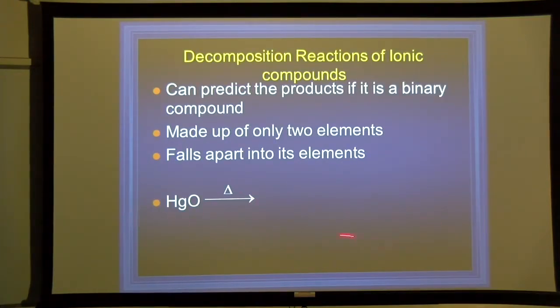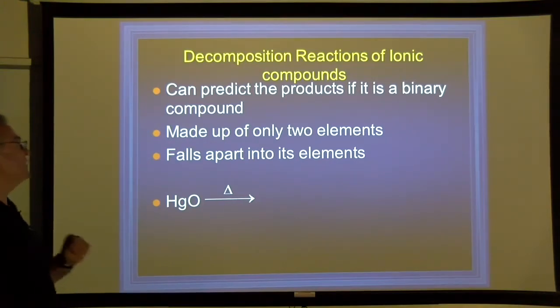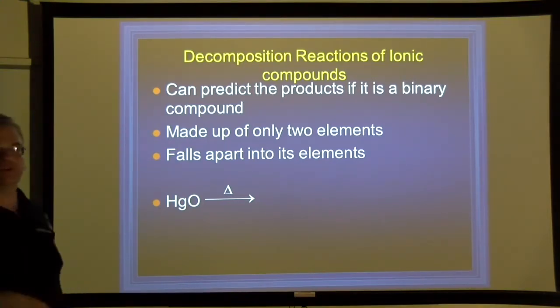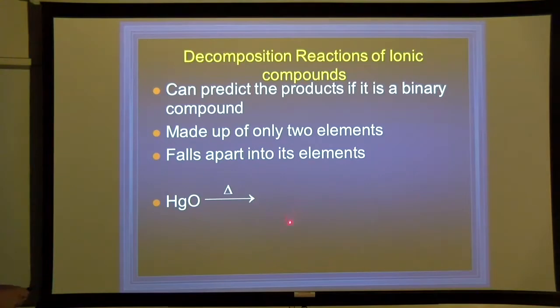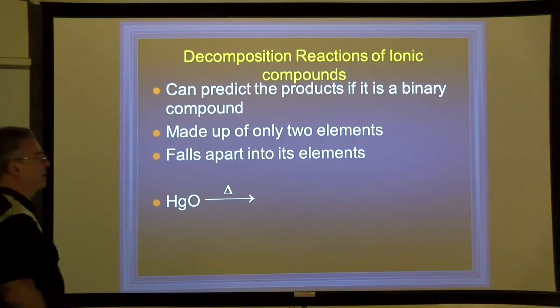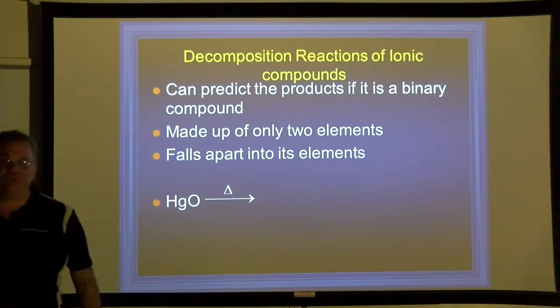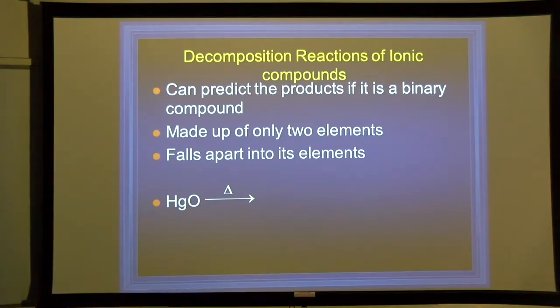So this, I know, will be a decomposition reaction because I start with one ionic compound. Are you smart enough to figure out what's the answer? What will I produce if I decompose this ionic compound? What possibly could I produce? There's no polyatomic ions in it. What are the 2 possible elements I could make?